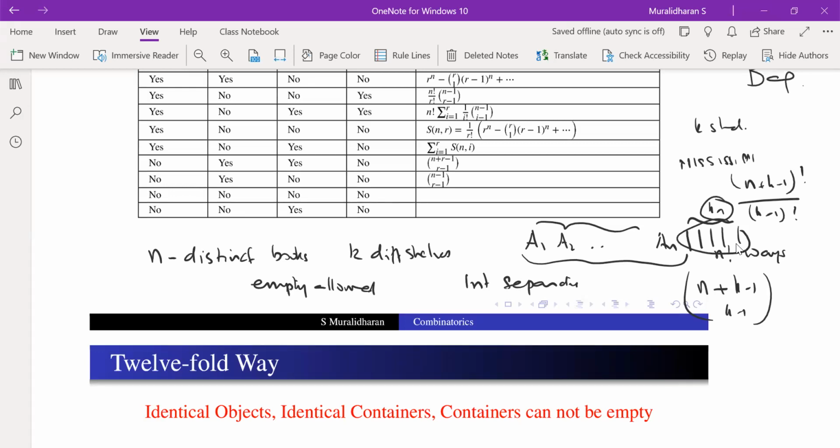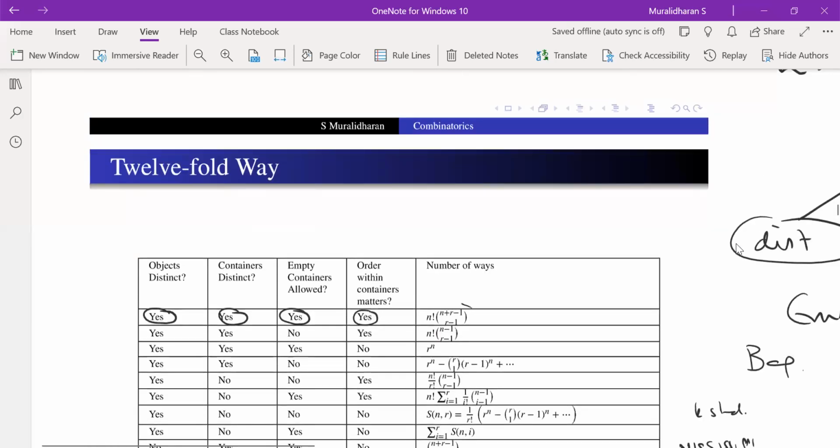So I can write the number of ways as n plus k minus 1 factorial by k minus 1 factorial, or as n factorial into n plus k minus 1 c k minus 1. So that's the number of ways.